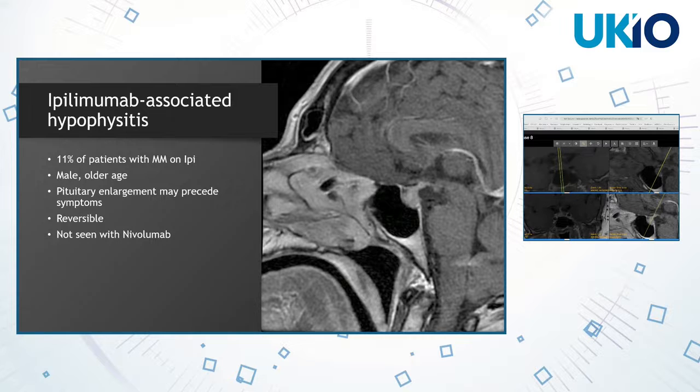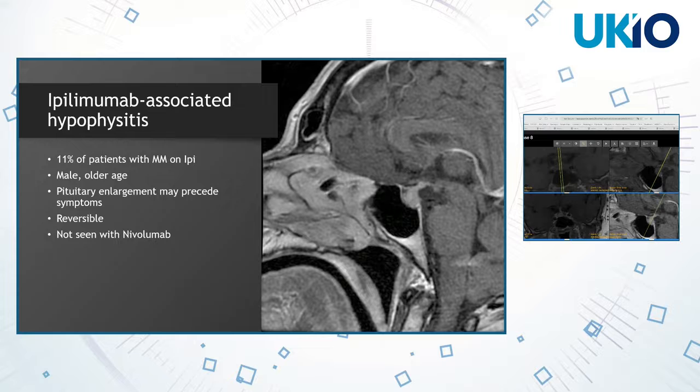So this treatment is used for melanoma and renal cell cancer, and also a few other cancers, including SCC, cutaneous cancers. And we see this with a reasonable frequency. And the treatment is essentially steroids and to stop the ipilimumab, and they usually do fairly well after some time.